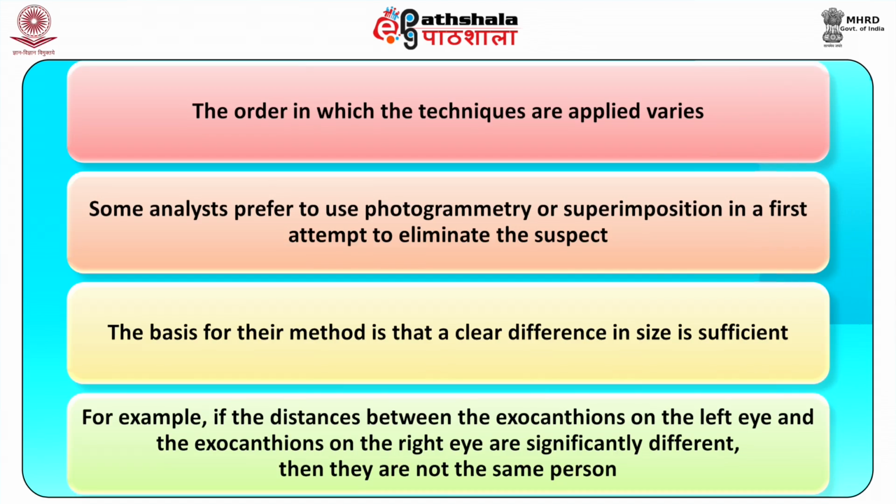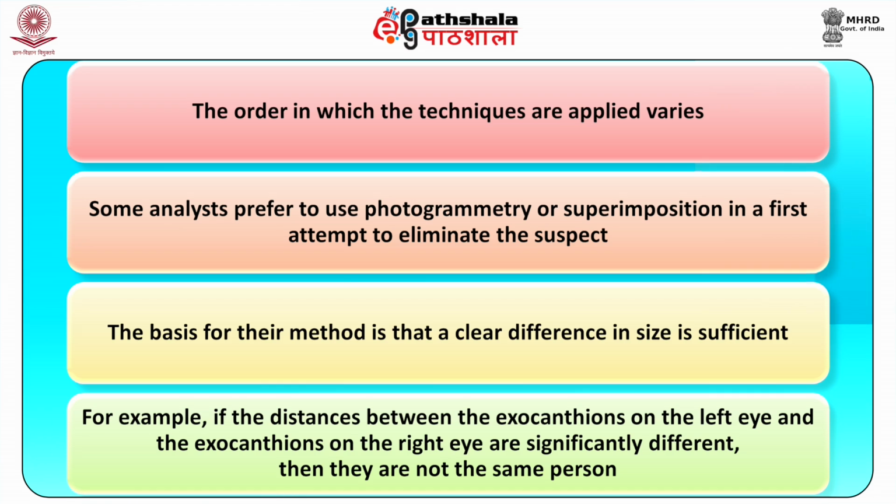These techniques are designed to accomplish the same thing, namely to try to eliminate the suspect, and hence they are focused on looking for the significant differences required. The order in which the techniques are applied varies. Some analysts prefer to use photogrammetry or superimposition in a first attempt to eliminate the suspect, and the basis for their method is that a clear difference in size is sufficient for their study.